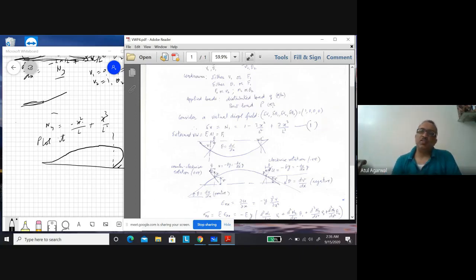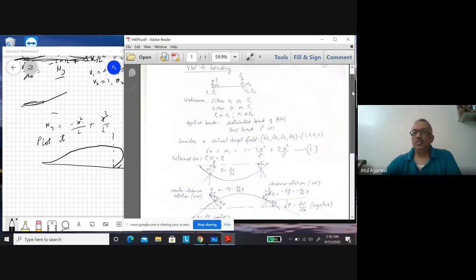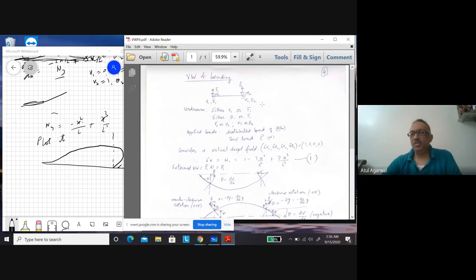Now we consider a virtual displacement field. These V1, theta 1, V2, theta 2 are the actual nodal displacement variables, and they define a vertical displacement field for this beam using the shape functions we described earlier. V is equal to N1 V1 plus N2 theta 1 plus N3 V2 plus N4 theta 2.